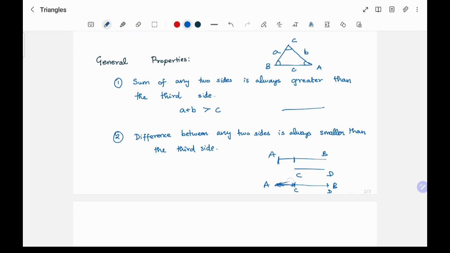But for a triangle it is outside the line, so the other side will always be greater. So this way you can think. And you can see this also follows from here. So we can also write this as B is greater than C minus A, or A is greater than C minus B. So this way.